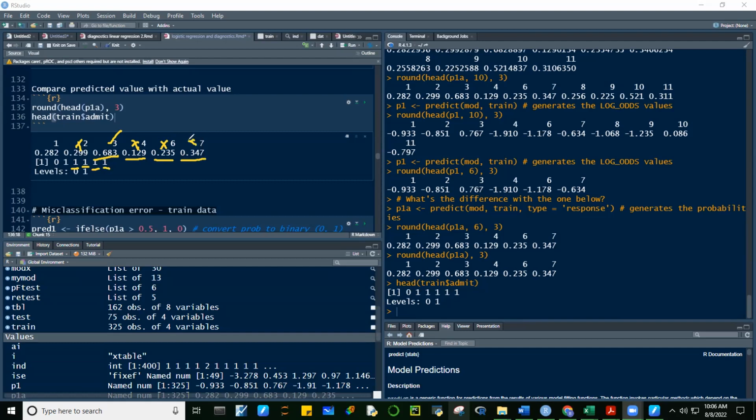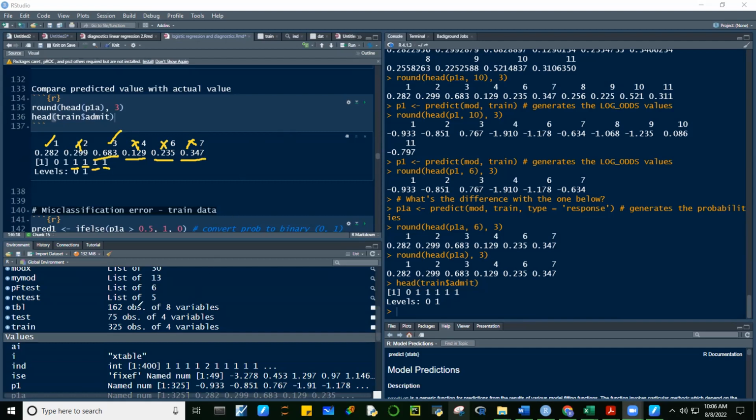For the first 6 elements, only 2 were correct. 4 were wrong. That's how our model fared for the first 6 responses.